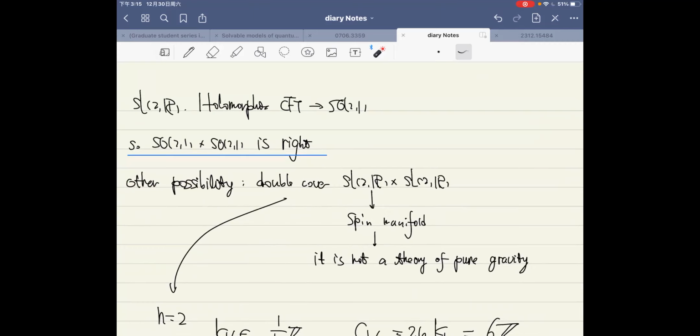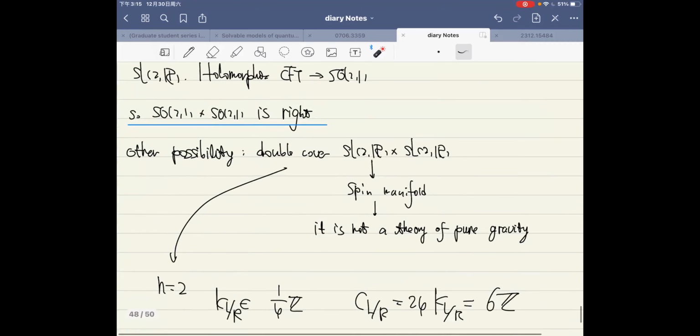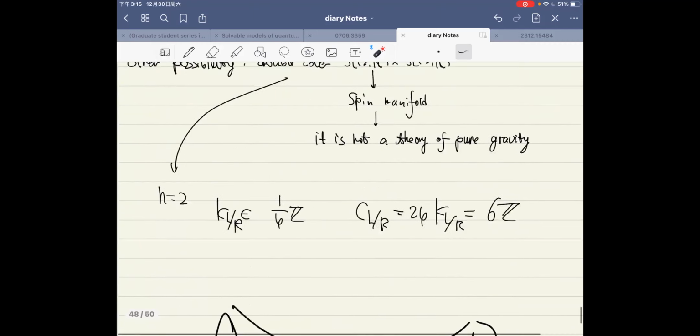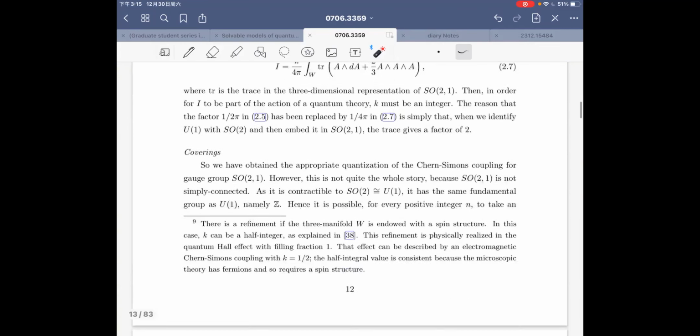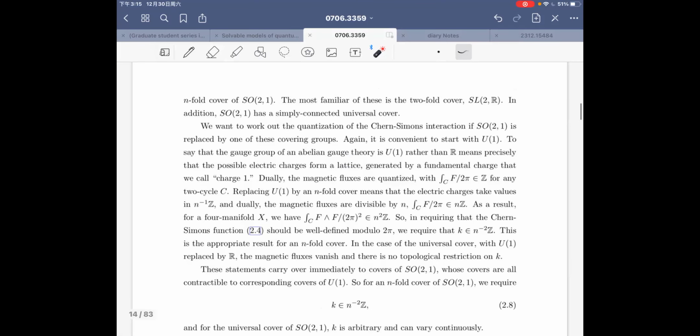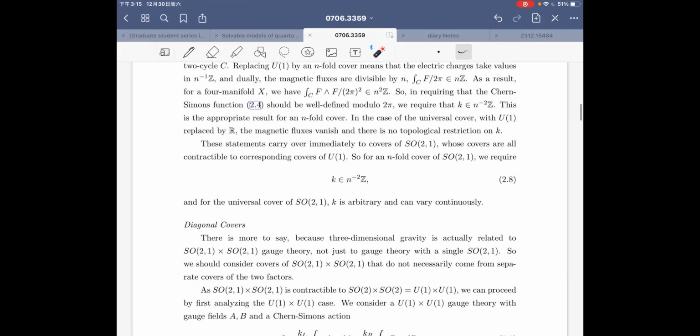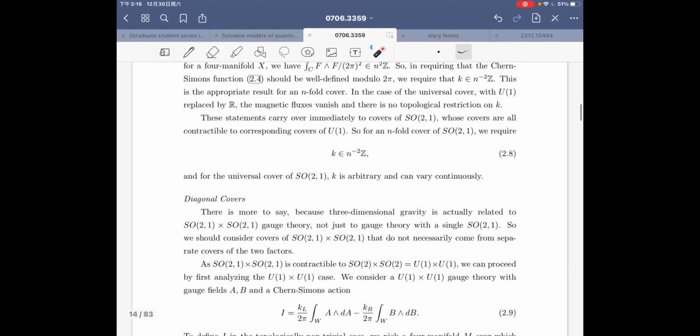Then we can return to the paper. Something that makes me puzzled is that we consider the quantization of CS theory from the perspective of a different geometry, and it appears similar to the previous analysis where we push a 3-dimensional manifold to a 4-dimensional manifold and calculate the difference.